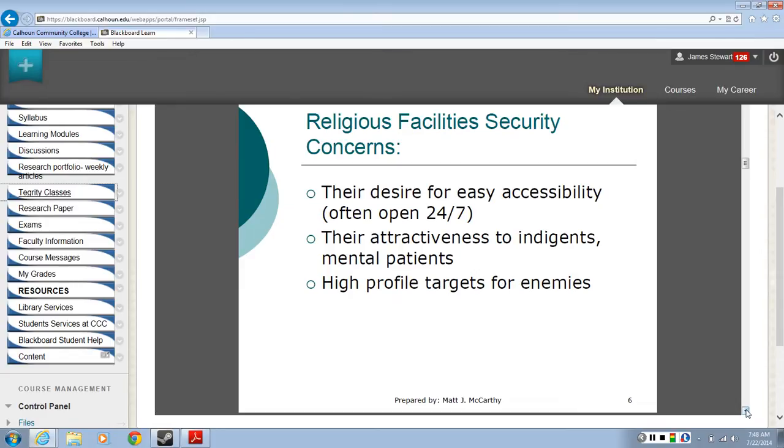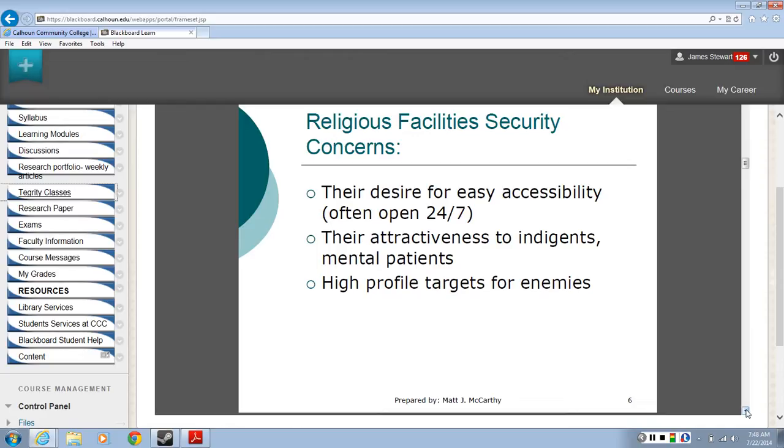Because of that, the American Society for Industrial Security now has a course you can take for house of worship security, especially for some of the big churches, and we have them right here in Huntsville, where they actually have plainclothes armed security professionals in the church when services are going on. They're paid employees of the church, and they are there to secure the facility to make sure that nobody does anything they're not supposed to.